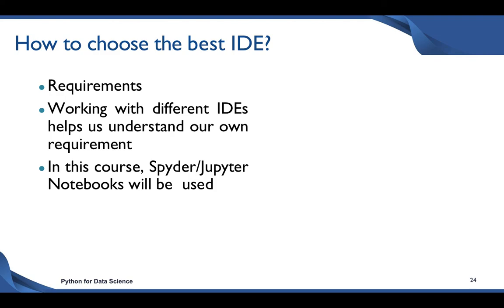It is not that you cannot code it in Jupyter notebooks or Spyder; you can, because almost all the IDEs have a similar structure and similar features. So if you are familiar with one of the IDEs, you can easily switch to another. That's not a big deal, right? You can easily switch back and forth between all these IDEs, whichever way you feel.